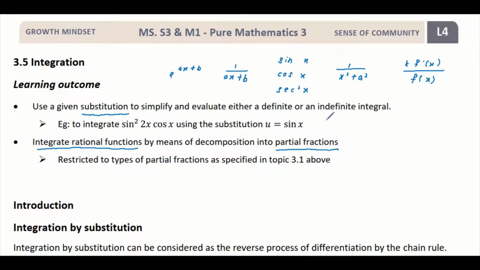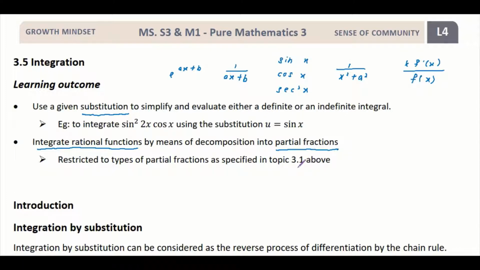I believe the first part might be a little bit difficult for you at the beginning, but the second part is going to be quite easy. It's just how you use your prior knowledge to solve rational fractions by using partial fractions. So that's why I'm going to spend more time explaining the first technique. Then for the second technique, I believe it's quite easy for you to pick up.